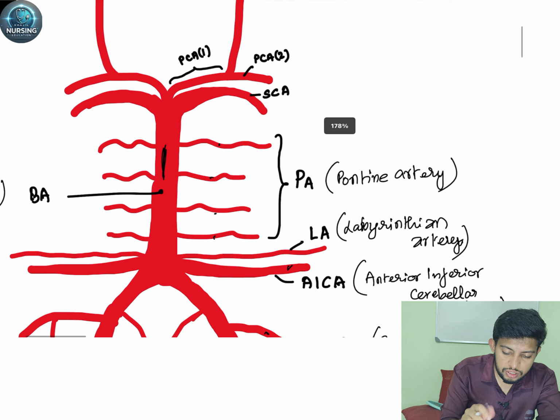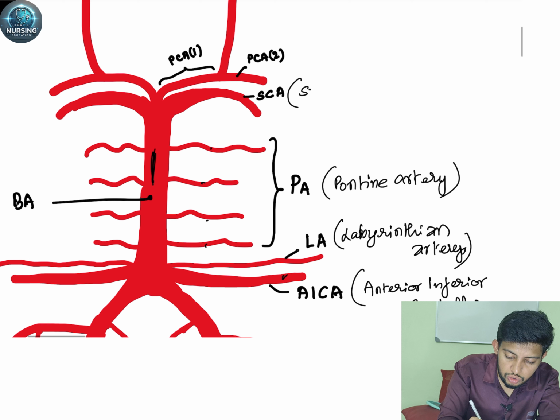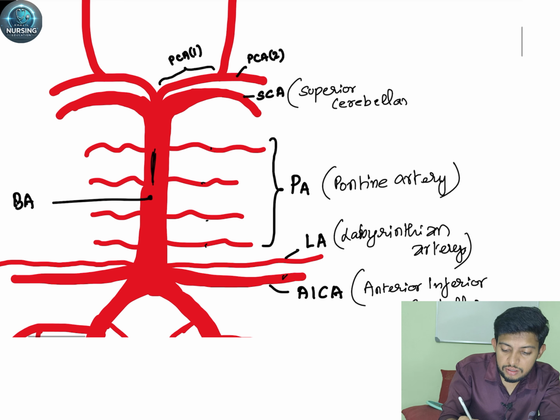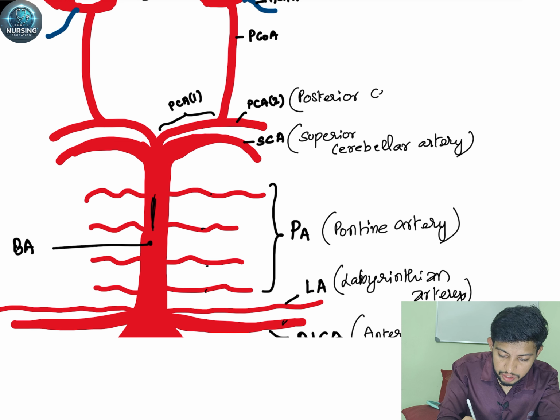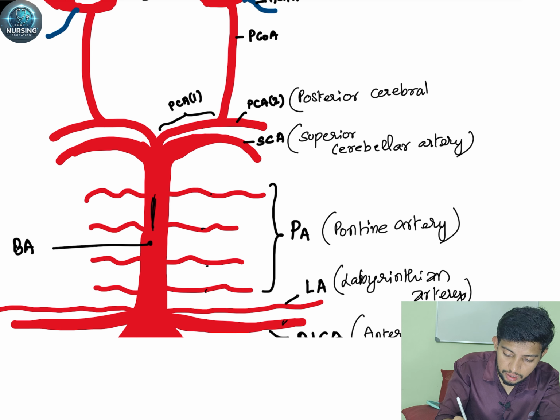Next, what is this? This one is the superior cerebellar artery. Okay. Next, what is this? This one is the posterior cerebral artery.